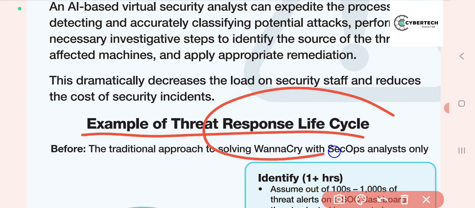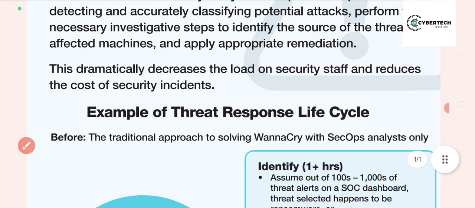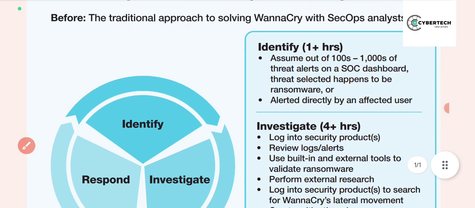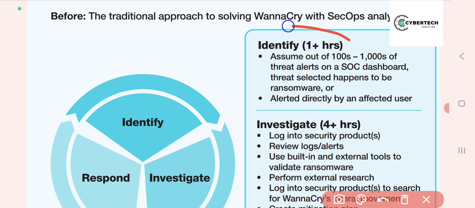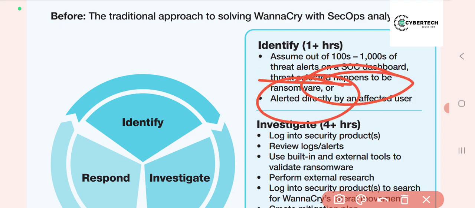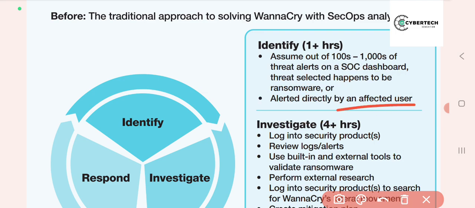Example of a threat detection life cycle: the traditional approach to solving WannaCry with a SecOps analyst. Number one, identifying takes 1 plus hours. Assuming out of hundreds to thousands of threat alerts on the SOC dashboard, a threat is selected that happens to be ransomware, or is reported directly by affected users.